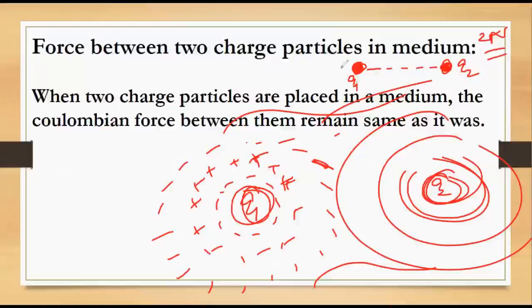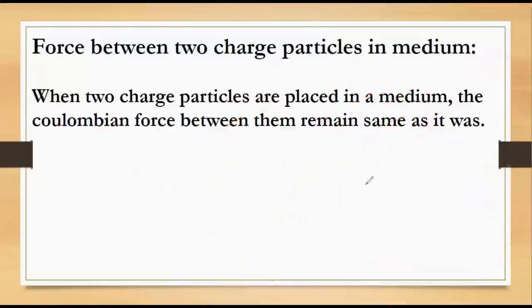That is why Q1 will get a net force, and the net force will actually change. The net force will become 1 by 4 pi epsilon naught epsilon r, which can also be written as k, capital K. In place of epsilon r, we can write K. So Q1 Q2 by r square.